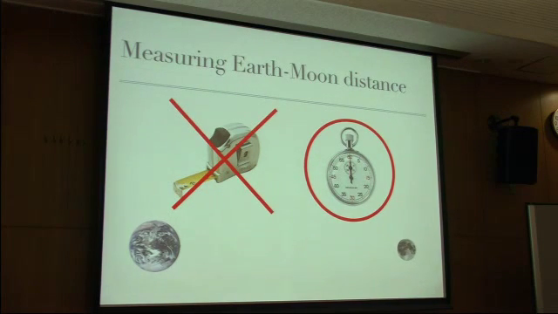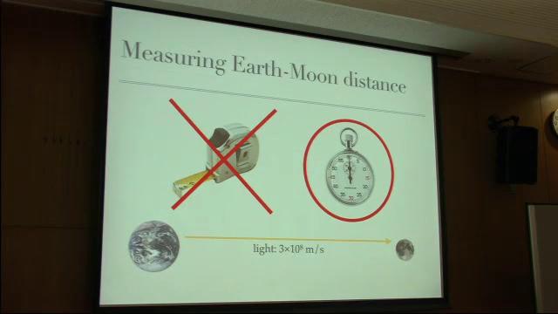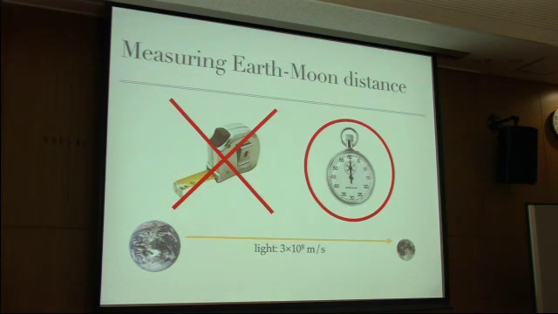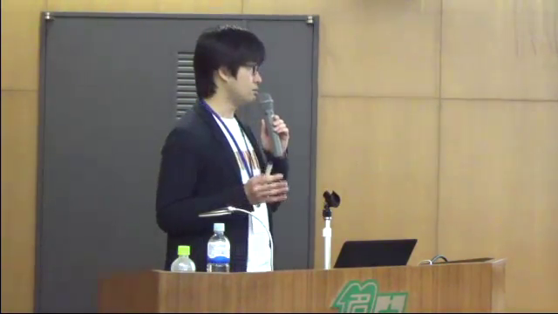By using a laser beam from the Earth that reflects on the surface of the Moon and comes back to the Earth, we can measure the round trip time. And since we know the velocity of light, 3 times 10 to the 8 meters per second, we can derive the distance between the Earth and the Moon by measuring the round trip time.